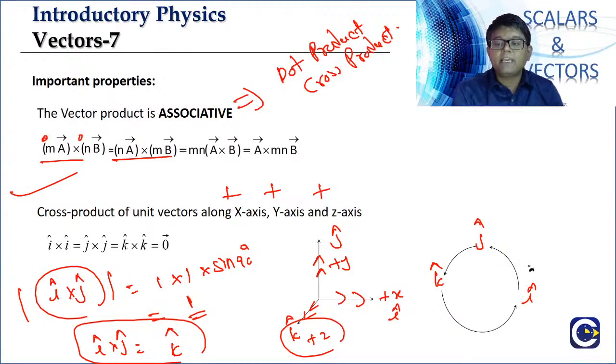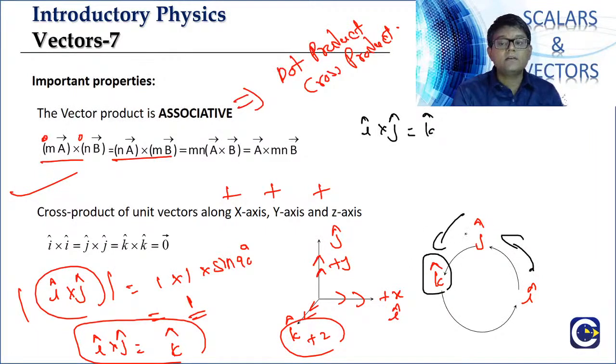Now see what I am going to do. If you start from i cross j, it will be k. So i cross j will be k. Now j cross k. That's why we call it anti-clockwise. We have to go in the direction only. j cross k, what is coming next? i.